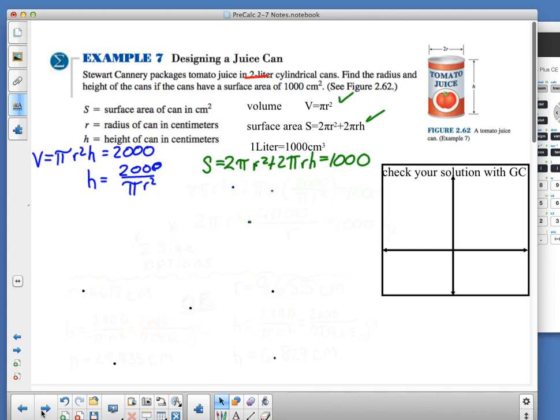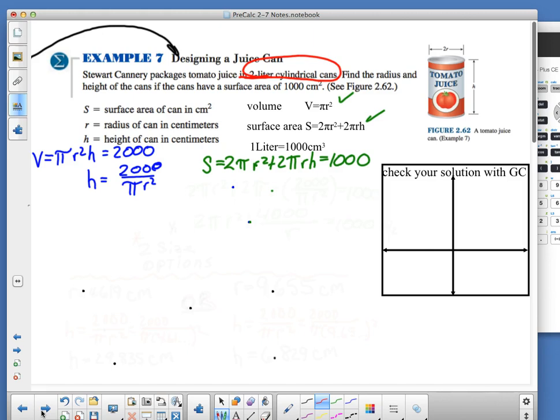So I'm going to plug in where I see h right here. But before I do that, I want to make sure you recognize a couple things. Why did I say the volume was equal to 2,000? Because they said here that the tomato juice is in 2-liter cylindrical cans. That's where the volume of 2,000 came from.